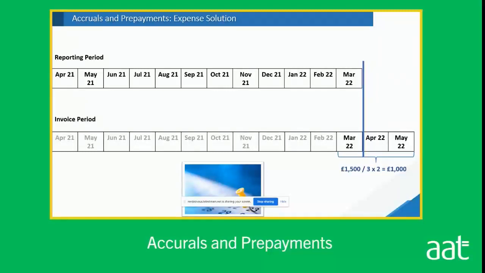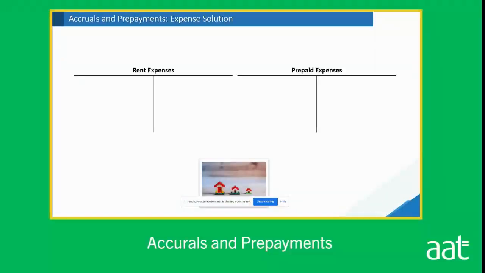So let's turn our attention now and have a look at the double entry, the ledger accounts. The bank figure, we've previously confirmed that this won't change, and I'll have credited the bank and I'll have debited the rent account. And that's £4,800, and that reflects the cash movements of this business. And included in that is that £1,500.